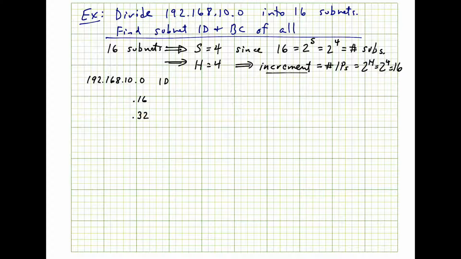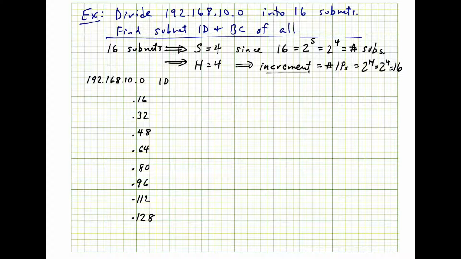I'm going to count by the increment. .48. I'm going to count by 16s. .64, .80, .96, what's 96 plus 16? .112, .128.